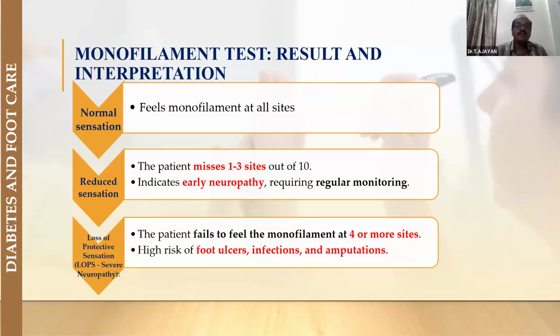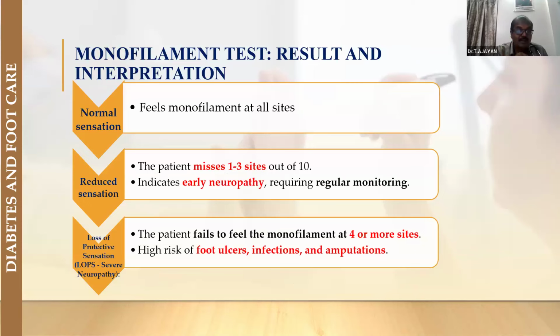For the monofilament test result and interpretation: normal sensation means the patient feels the monofilament at all sites. Reduced sensation means the patient misses 1 to 3 sites out of 10 different areas that you touch.